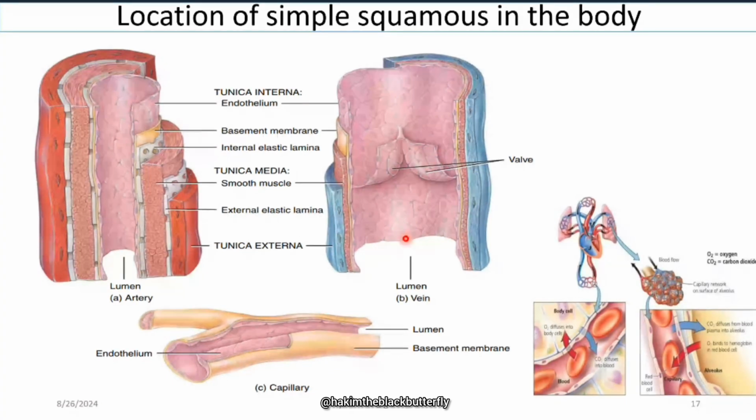Blood has to flow in one direction, upwards towards the heart. Okay, so that is the relevance of the simple squamous epithelium in the blood vessels.